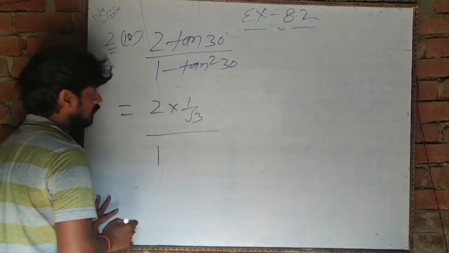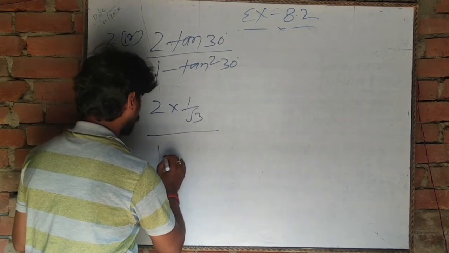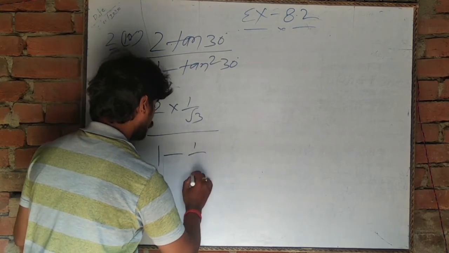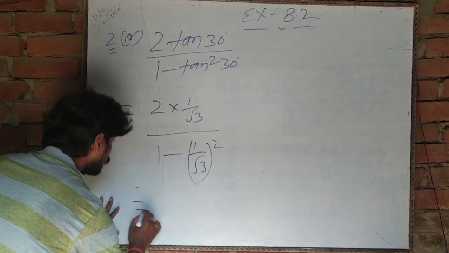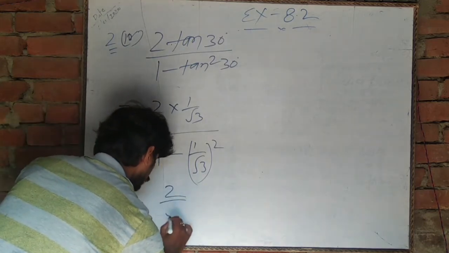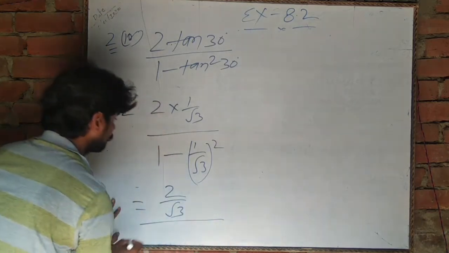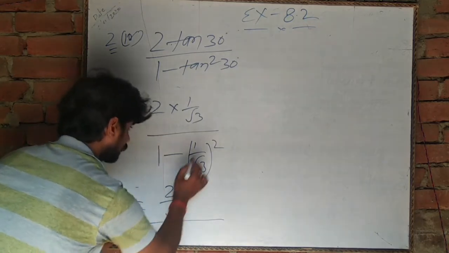So we will put the value of tan 30. Now here 1 minus 1 by root 3 whole to the power 2, equal to 2 by root 3 by 1 minus 1 by 3.